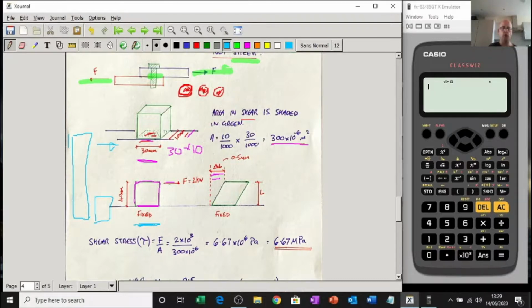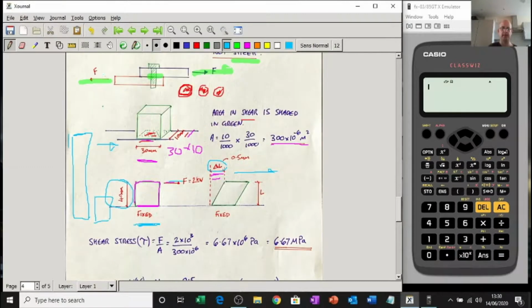The force is going to make it go this way more because it's higher. Like trees in the wind: a tall tree will sway more than a bush or a small tree because of the height. That's why the 40 mil is the original length, and the change in length is how much it moves by. So you need to keep an eye out for that. Don't use this length here.